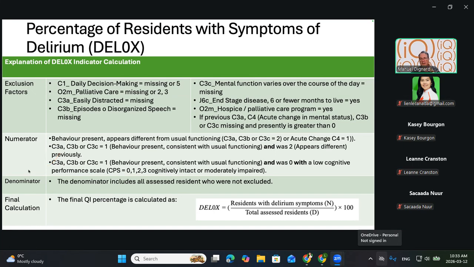So in long-term care, this indicator is especially valuable for identifying those residents who may be experiencing that acute change that requires immediate clinical attention.